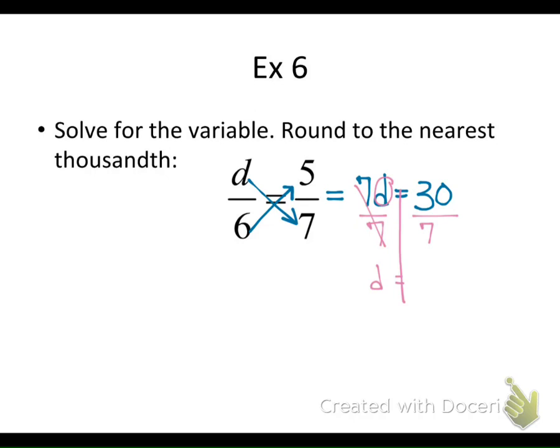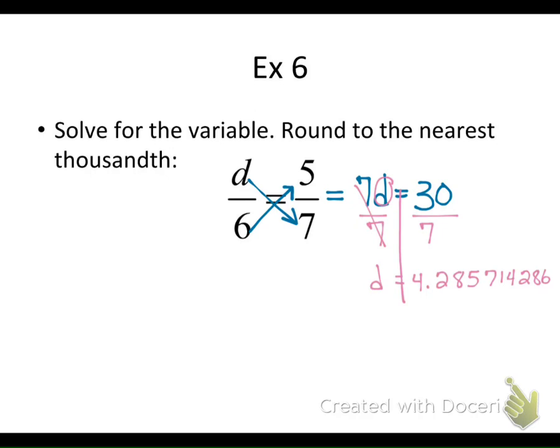So when I take 30 divided by 7, what do we get? It's 4.285714286.